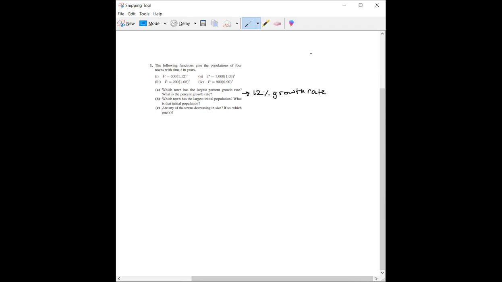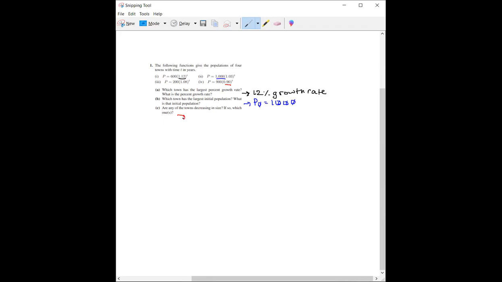Which town has the largest initial population? 2. Yes. And our initial population is 1,000. And are any of the towns decreasing in size, and if so, which ones? Number 4. Yep.